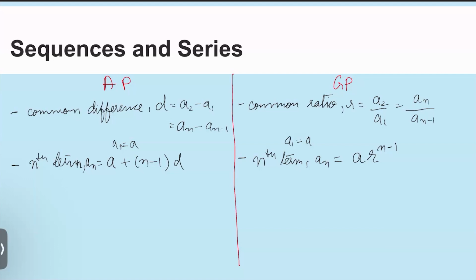So these are the basic differences between arithmetic progression and geometric progression.